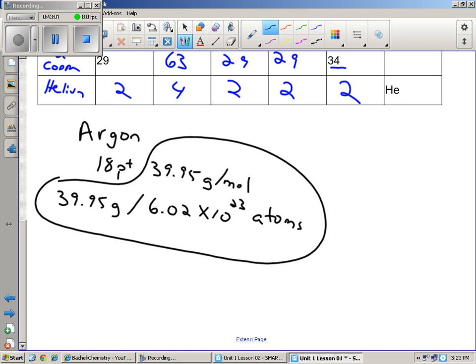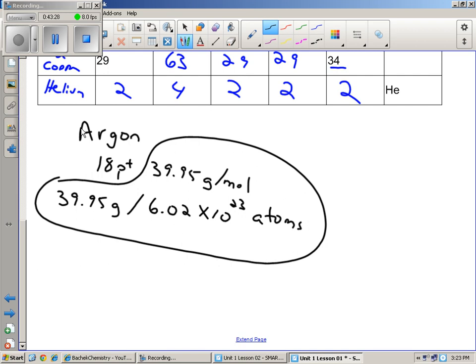Nothing? Really? I understand it's the end of the day, but seriously, it's a big number is what I'm trying to say. If you took 6.02 times 10 to the 23rd argon atoms and put them on a scale, the scale would read 39.95 grams, because it's 39.95 grams per mole. 1 mole is the same as 6.02 times 10 to the 23rd of anything.